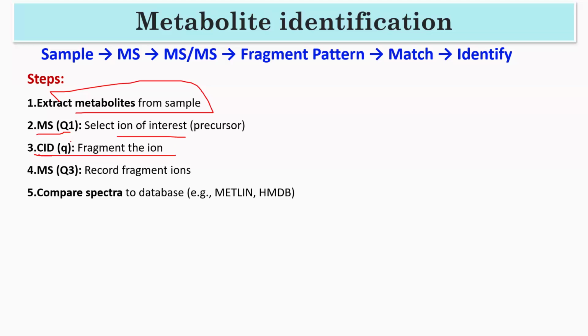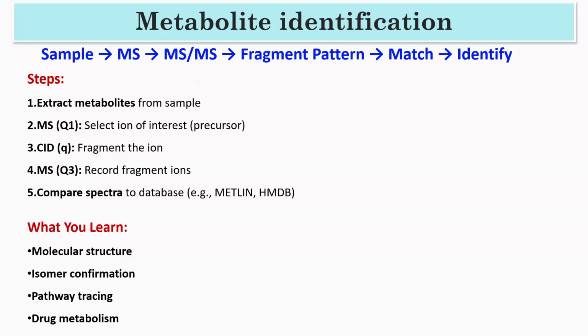Then select some of the fragment ions, send them to the third mass analyzer, Q3, and record the fragment ions. Whatever data you get, you can compare with online databases like METLIN and HMDB. If the metabolite is already reported, you can know that type of metabolite was present.